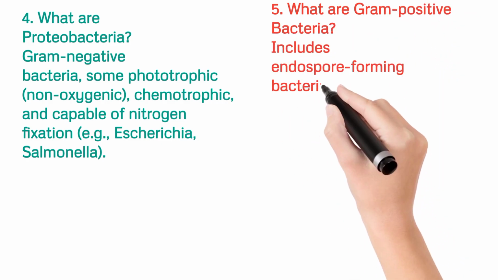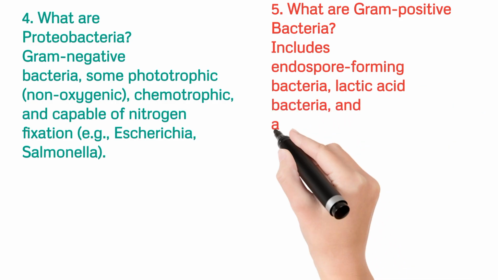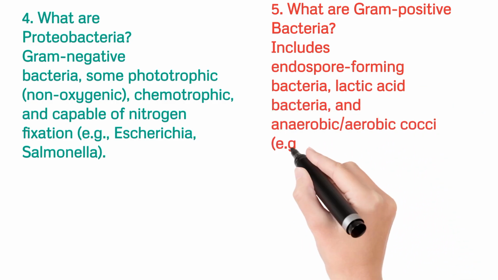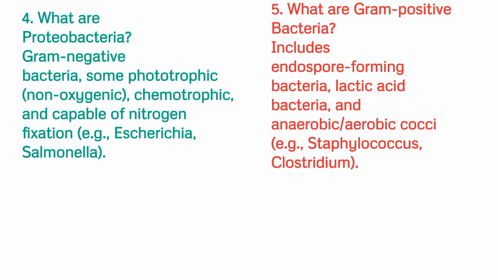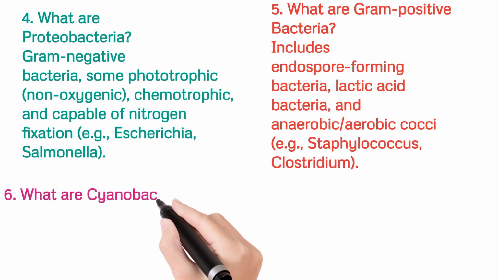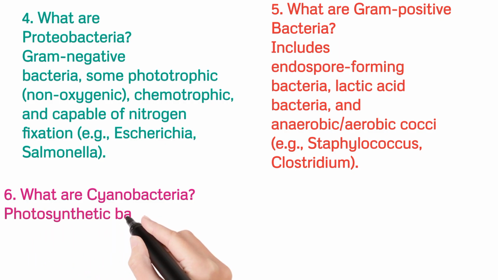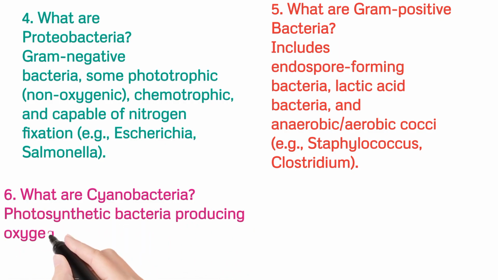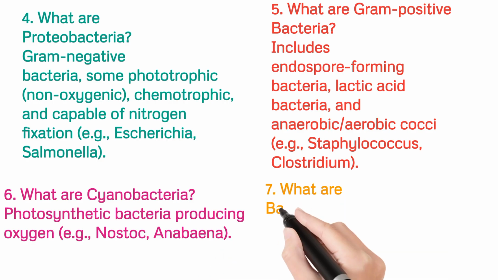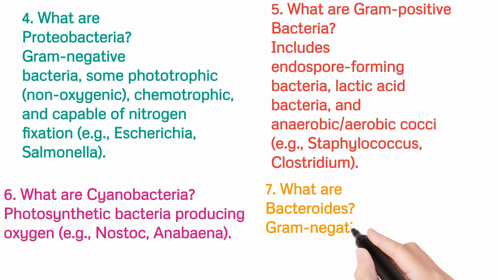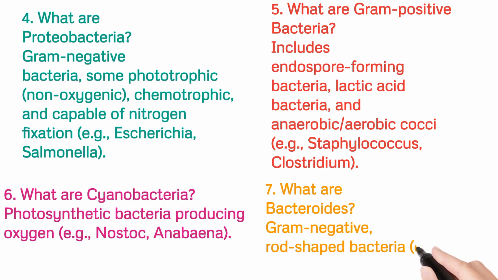Includes endospore-forming bacteria, lactic acid bacteria, and anaerobic, aerobic cocci, for example Staphylococcus, Clostridium. 6. Cyanobacteria. Photosynthetic bacteria producing oxygen, for example Nostoc, Anabaena. 7. Bacteroids. Gram-negative, rod-shaped bacteria, for example Bacteroides, Flavobacterium.